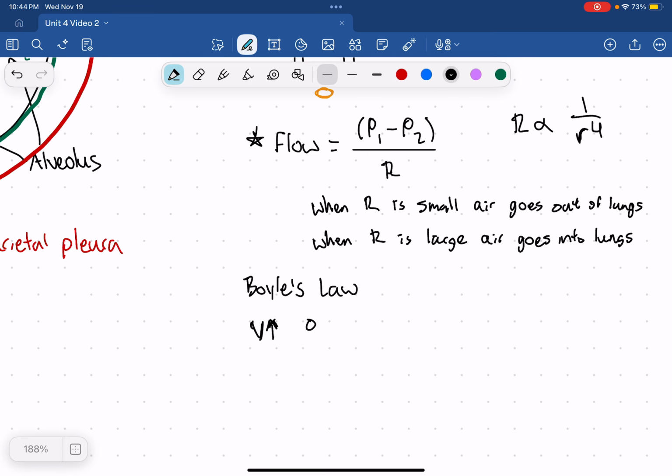Then the pressure that the gas is creating within that space decreases. And as the volume of the space where the gas is kept decreases, the pressure maintained within that space will increase.